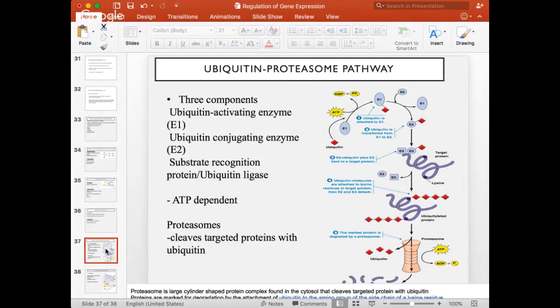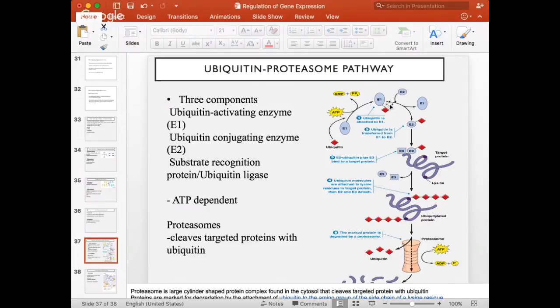The three components of the ubiquitin pathway are ubiquitin-activating enzyme, E1, ubiquitin-conjugating enzyme, E2, and ubiquitin ligase, E3. Looking at the figure, ubiquitin is activated when it's attached to E1, and then ubiquitin is transferred from E1 to E2.